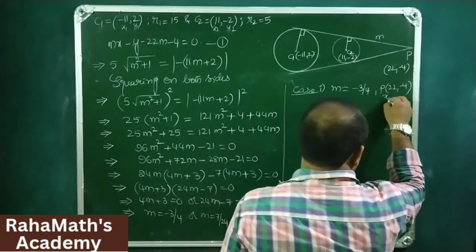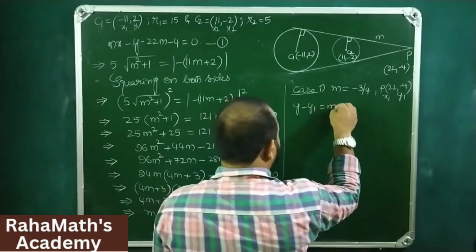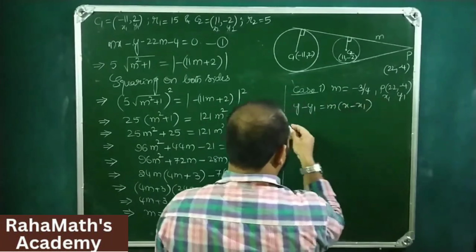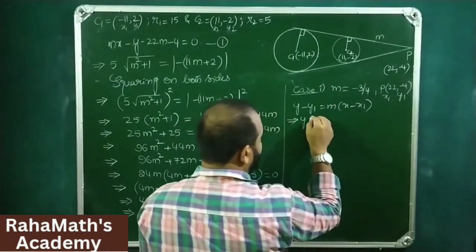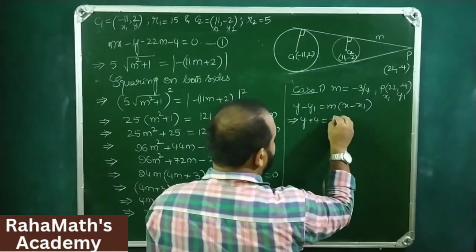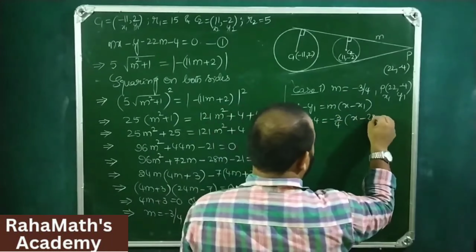Let us suppose this to be x1, y1. So y minus y1 equals m into x minus x1. So this is y minus of minus 4, so y plus 4, m is minus 3 by 4 into x minus 22.